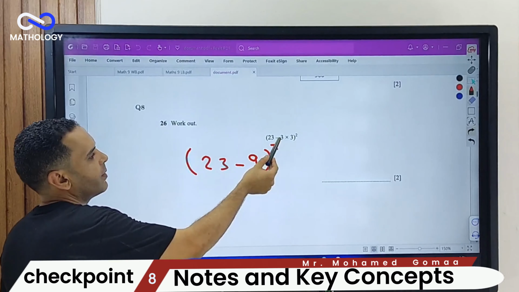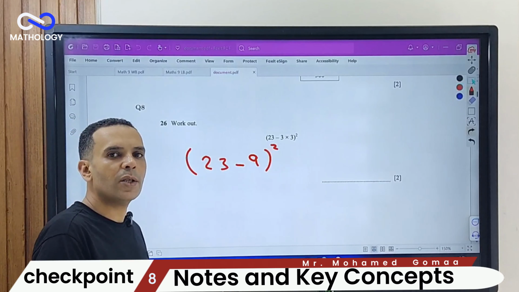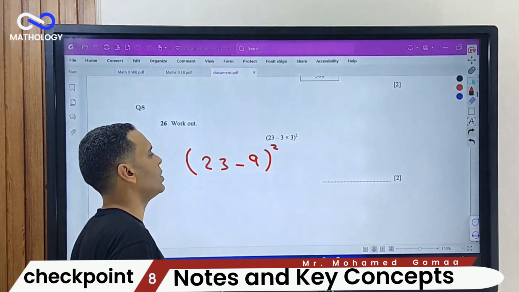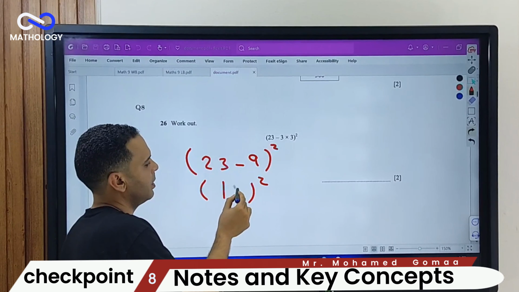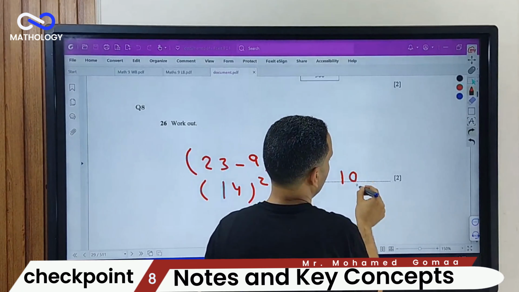Why? Because 3 multiplied by 3 equals 9. We do the multiplication operation first. 23 minus 9, which equals 14. 14 power 2 equals 196, like this one.